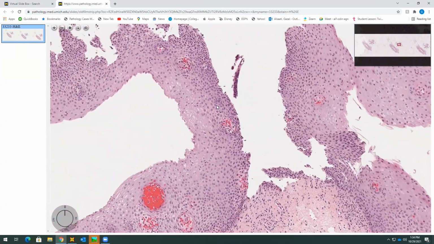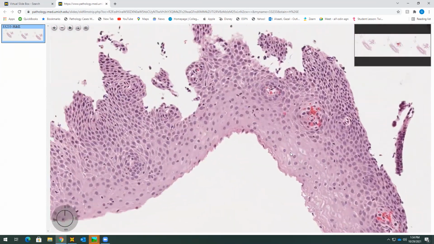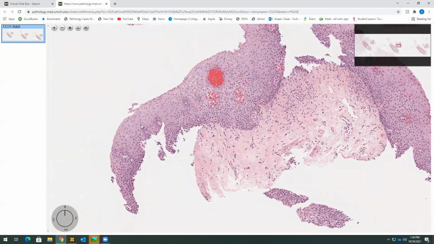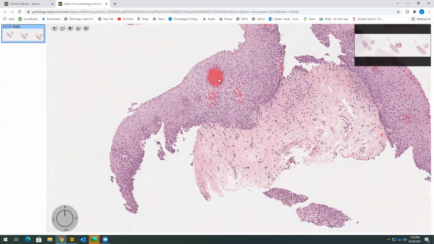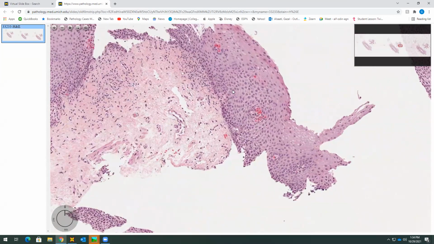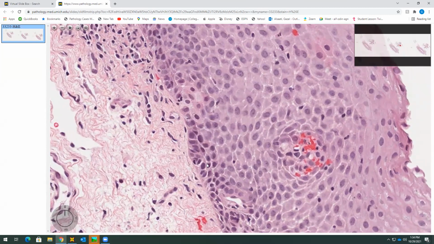Now for here, I go higher. Of course, here we have to make sure that the orientation is proper. This is a good oriented part, okay? And this is also a good one here, very nicely oriented. So you have basal cells almost to the midway, okay? And then you go higher and you see there's spongiosis.